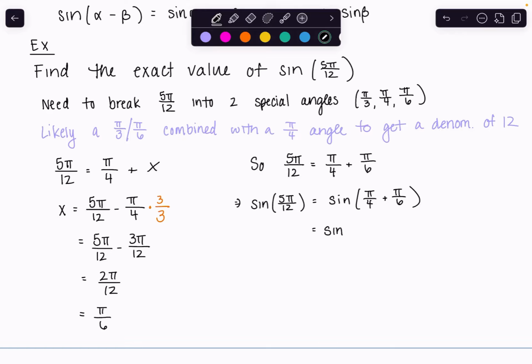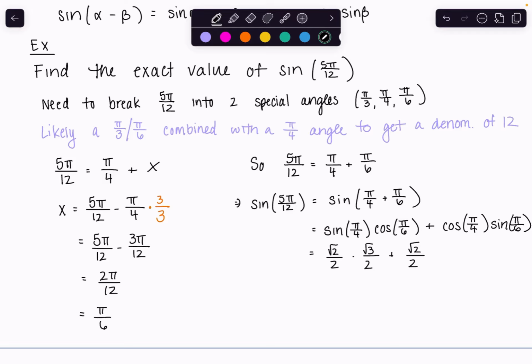So I take sine of the first angle, cosine of the second. Then I keep the sign the same, and then I switch. I take cosine of the first angle, sine of the second. Each of those I can go ahead and evaluate. Sine of pi over 4 is root 2 over 2. Pi over 6 is a 30-degree angle, so cosine of pi over 6 is root 3 over 2.